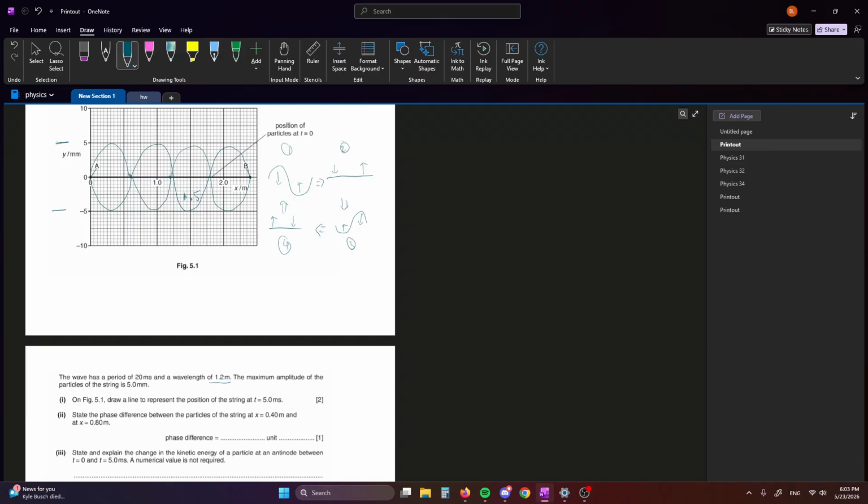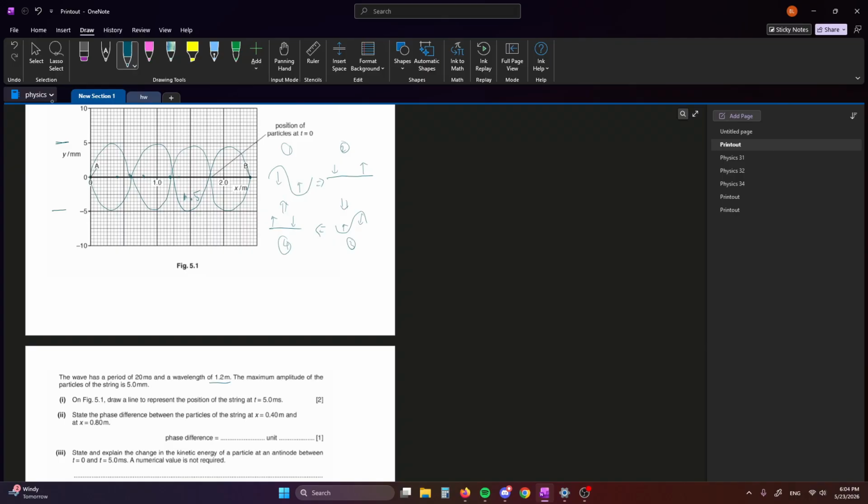So now we state the phase difference between the string at 0.4, which is 8 squares, and 0.8, which is 16 squares. I think it's, wait, 10, 5, 1, so it's here.